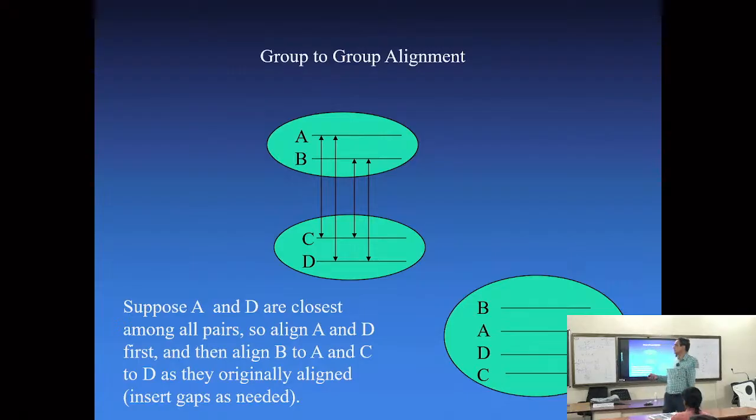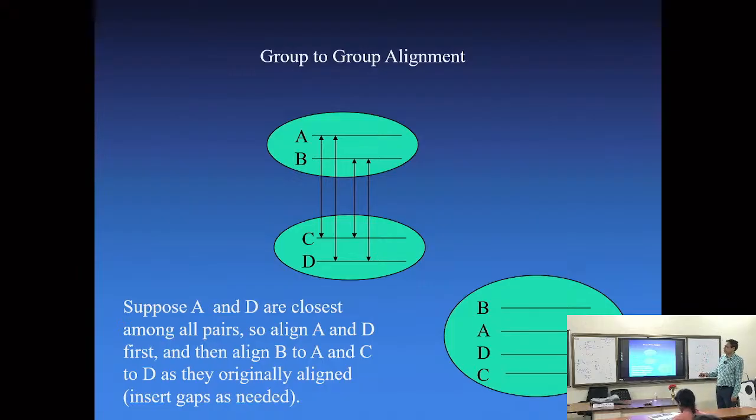Let's say that the closest sequences are in the pair A to D. Among these four, this pair has the closest sequences. So then A and D are aligned.